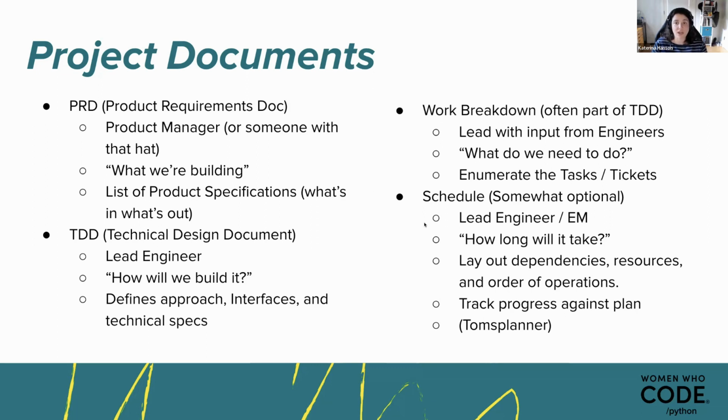Story points are great, but the relative size of things leads into a project schedule that usually the lead engineer or the EM might develop to answer the question of how long is this going to take. You lay out dependencies, resources, and order of operations, and you can track the progress against the plan. That's what I really like to use something like Tom's Planner for.